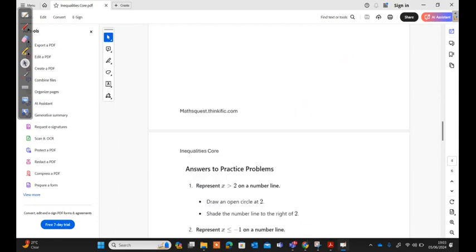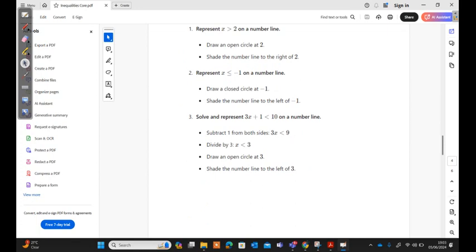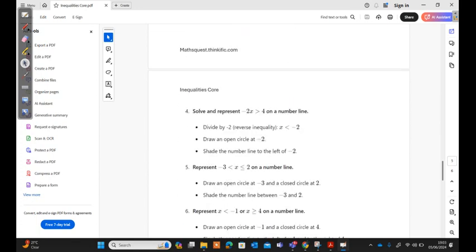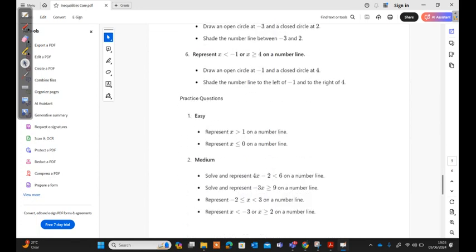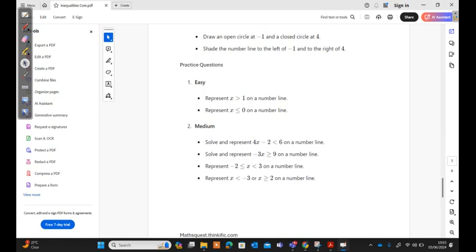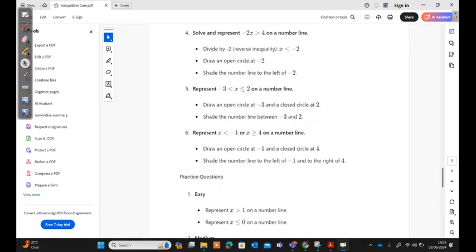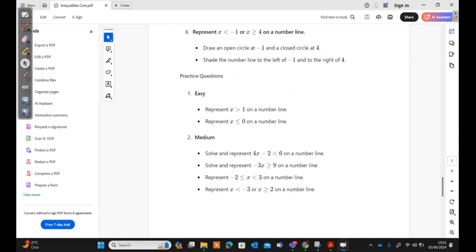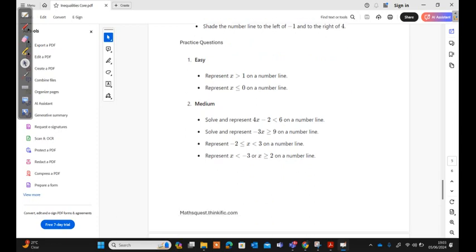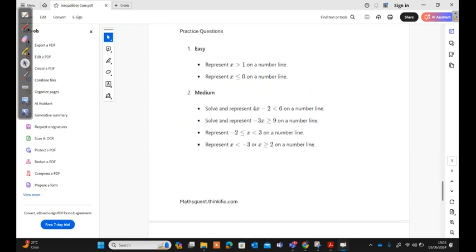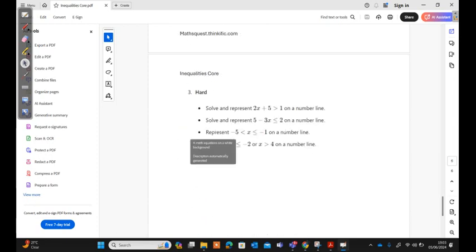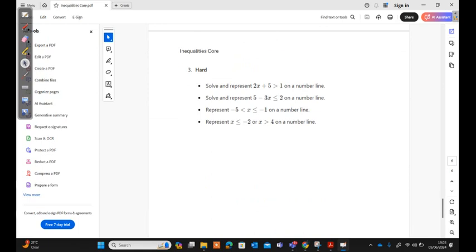There are a couple of questions here, and there are answers also to these questions, and an explanation. But I've done the explanation for you in the previous section where I've drawn it, whereas the explanation here is actually in words. So you can check the previous explanation to really understand what to do. And there are practice questions here with 3 different levels which you can do so that you understand it further. All right, I hope that this was helpful for you.